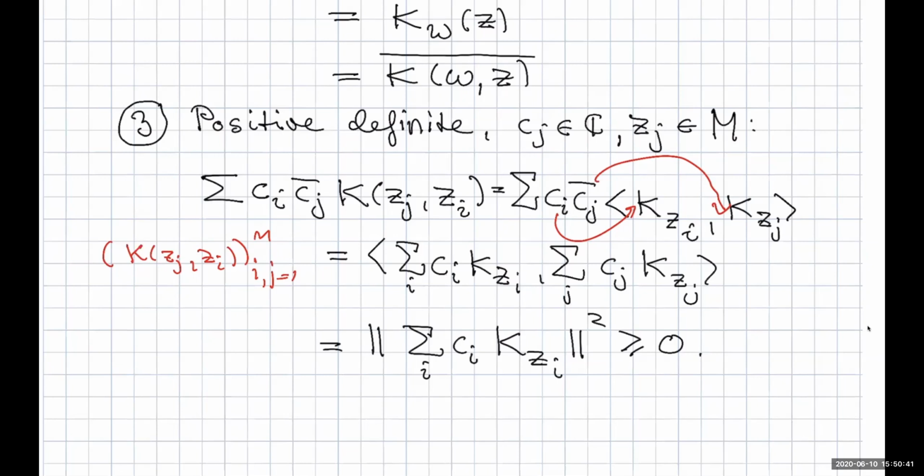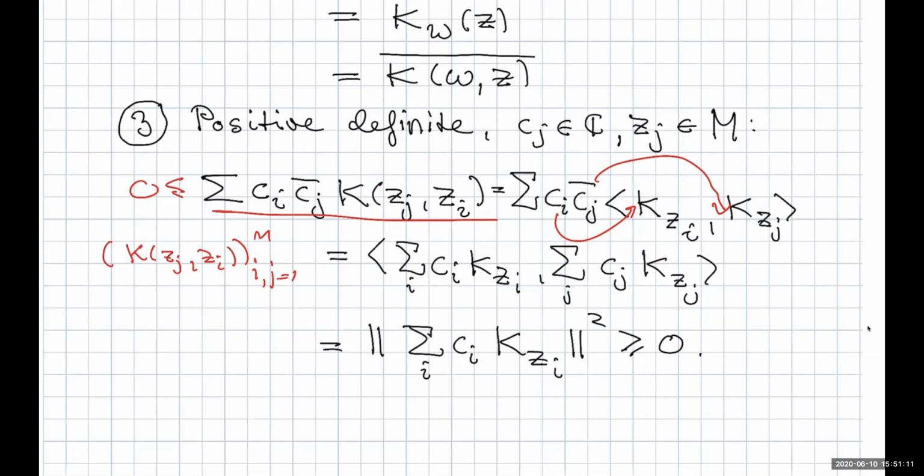Being positive definite simply means that this sum here is always non-negative. In particular, if you put in n equals 1, just one point, then you get something that is non-negative. And we will always assume it is positive by throwing out the points where this is 0.